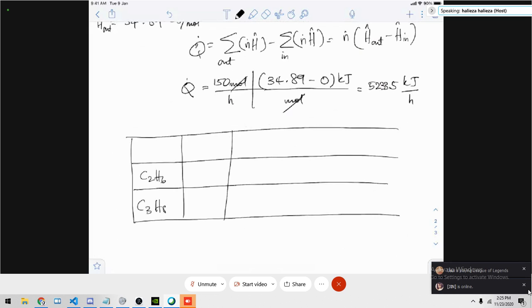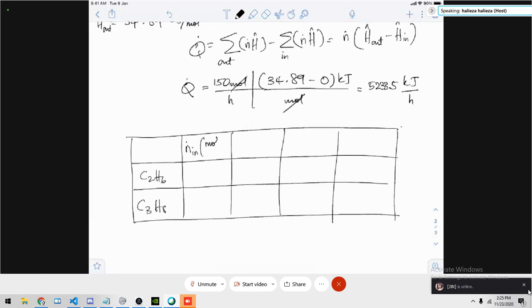Okay. That's roughly it. So N in, the unit is going to be mole per hour. Enthalpy in, kilojoules per mole.